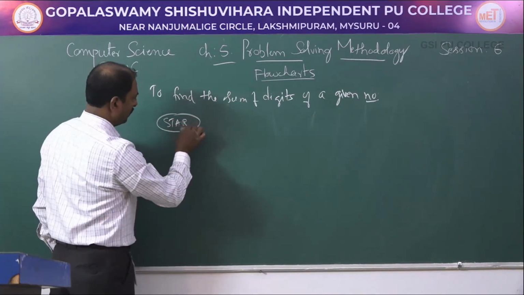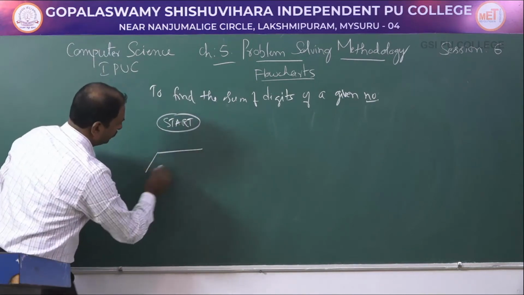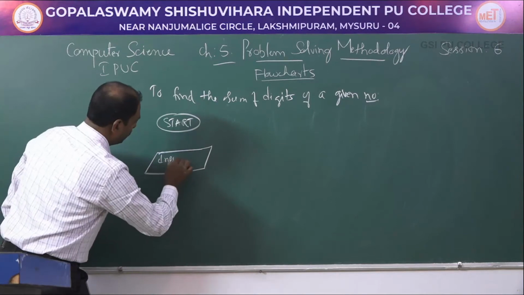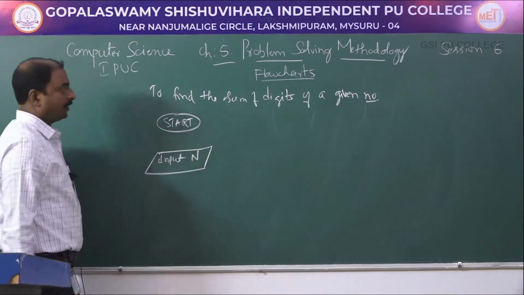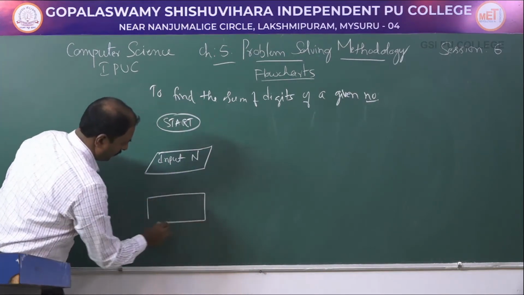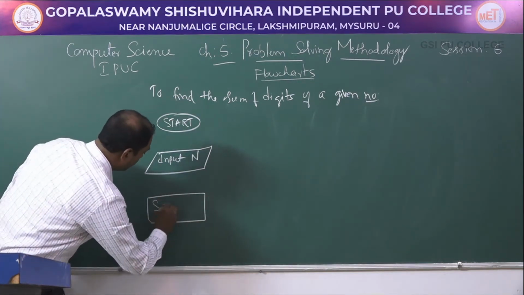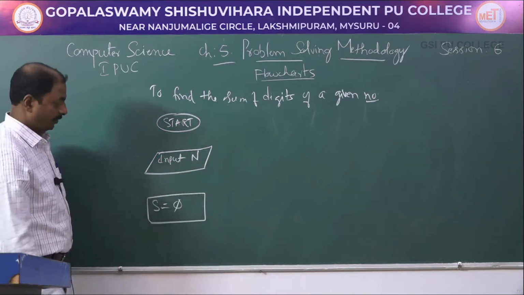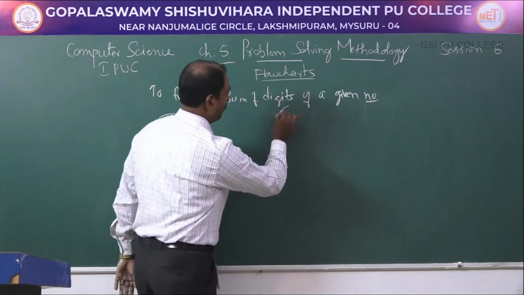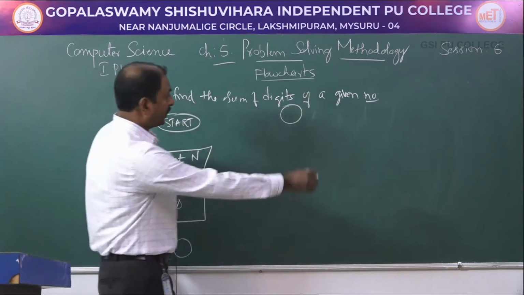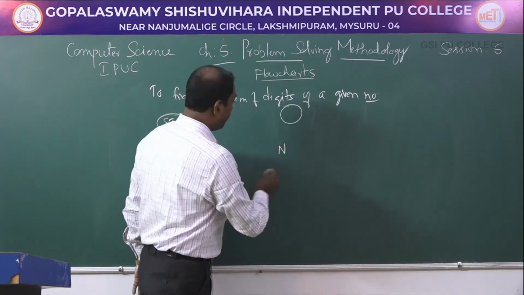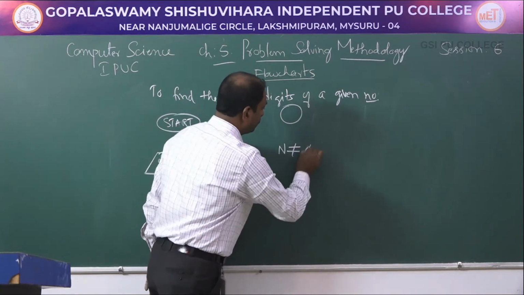Start, input n, that is a given number. Let s be the sum, let it be 0 at the beginning. Next, I check the condition that the given number n is not equal to 0.